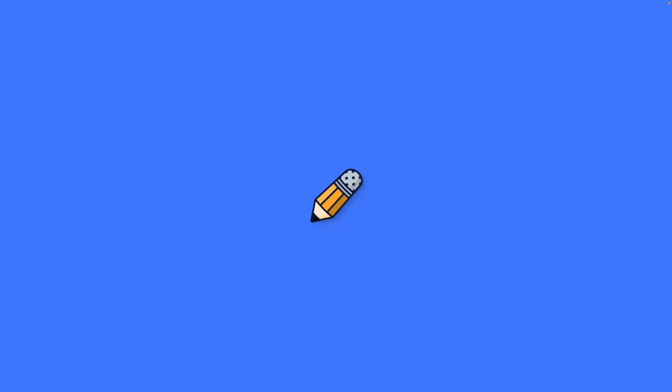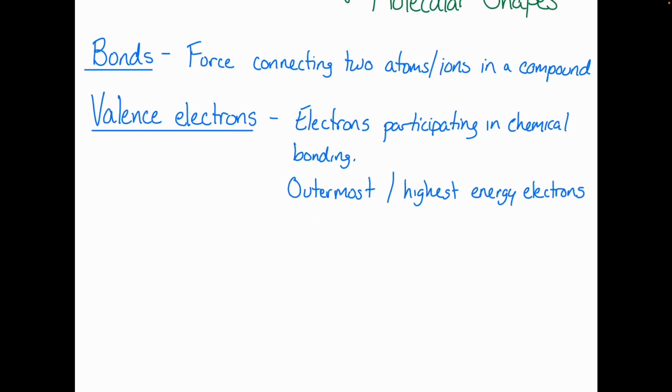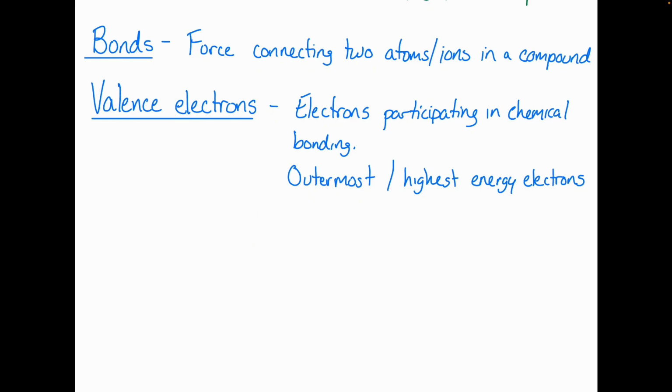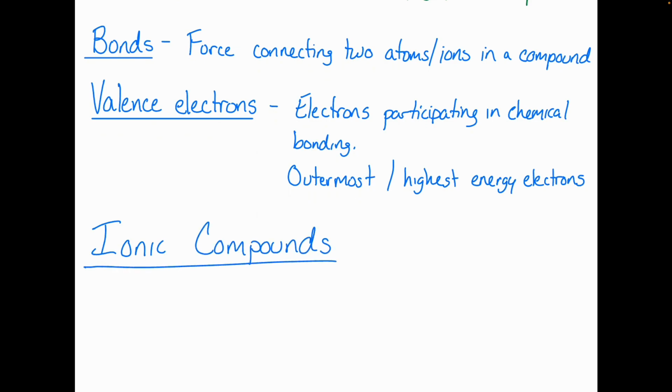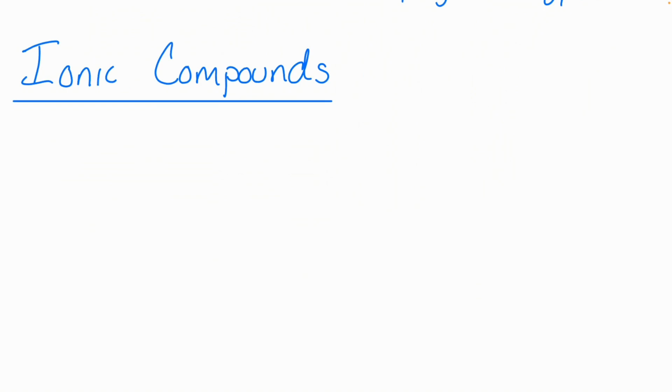All right, so let's summarize here. For ionic compounds, okay, our metals, they lose their valence electrons.